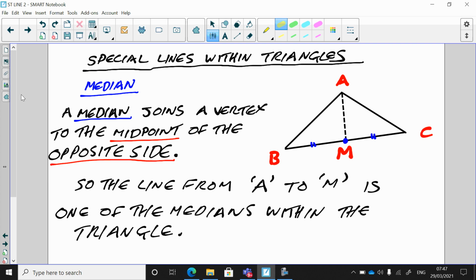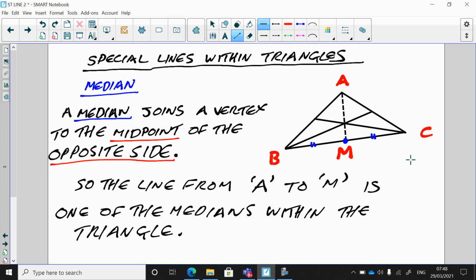And like it's saying, it's just one of the medians. So I could come out from B and go over to sort of the middle there. That would be one there. So B going to the midpoint of AC, and I could just pick a little letter there, that would be fine. Or I could go from C over to the midpoint of AB.